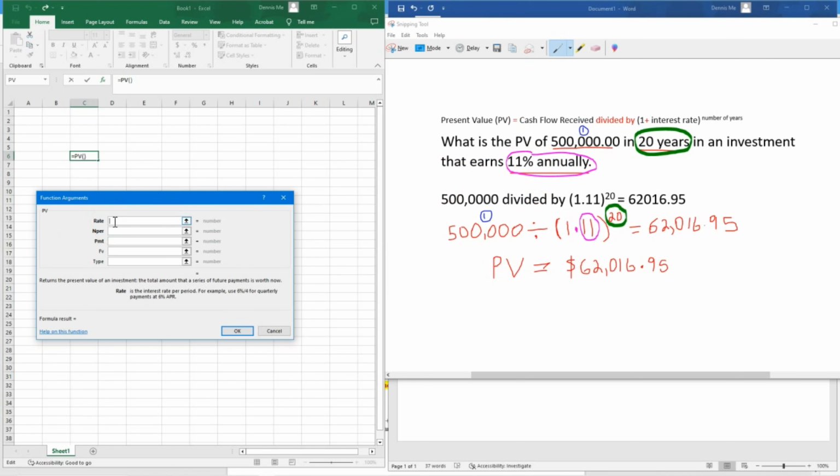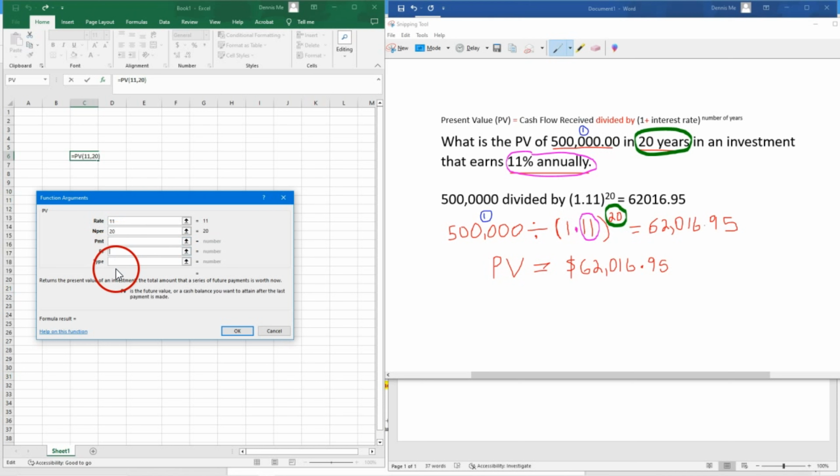So we come over here, and I'm going to do this two ways. I'm going to show you something. If I put 11, straight 11, number of periods 20 years, I put 20, and I'm not making any payment other than the initial investment.